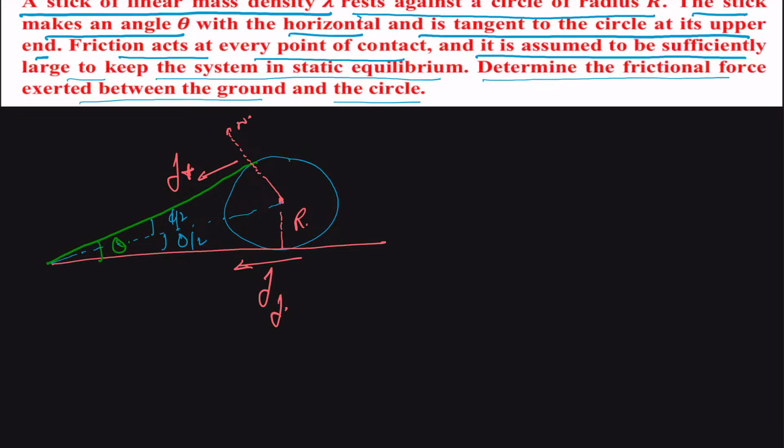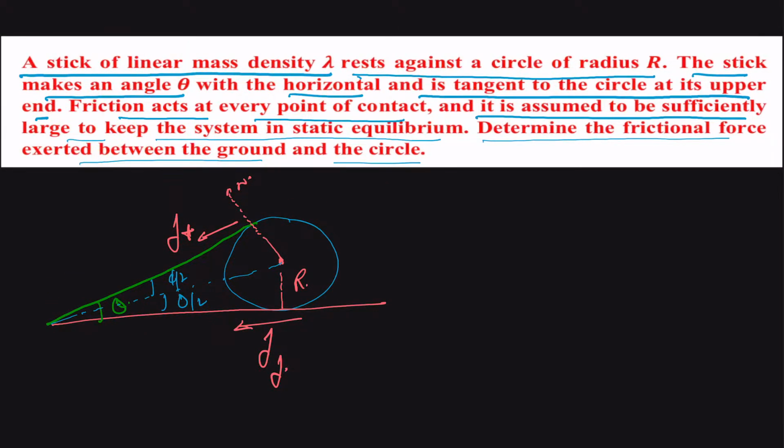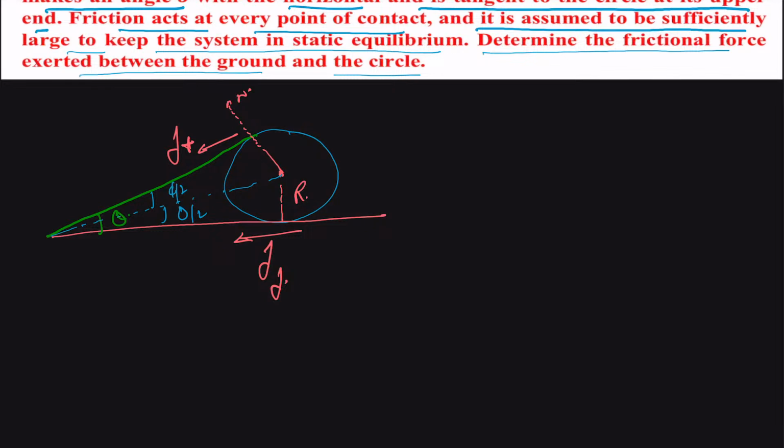Along with this, there will also be an mg acting on it, and for that we can come later on. L is the length of the stick. So mg will be acting somewhere here in the downward direction, at a distance of L by 2 from the vertex.